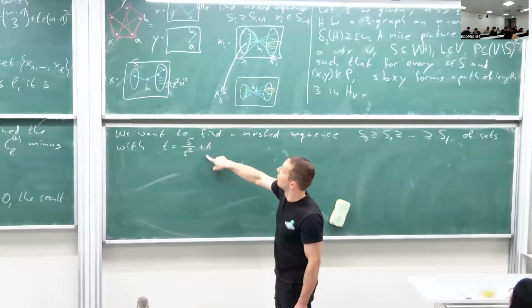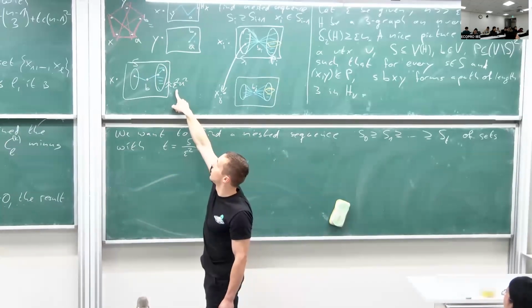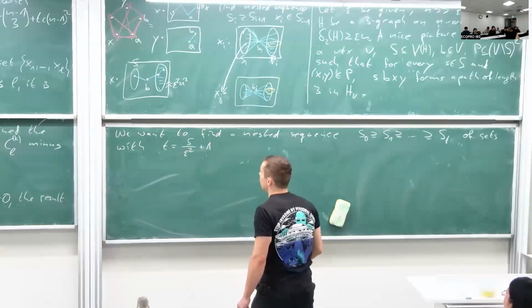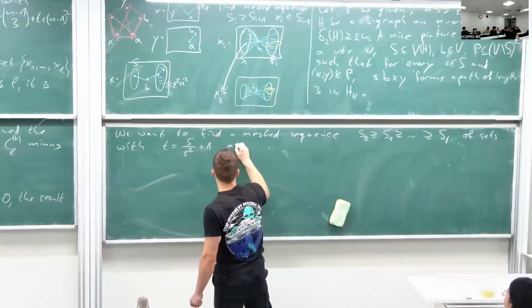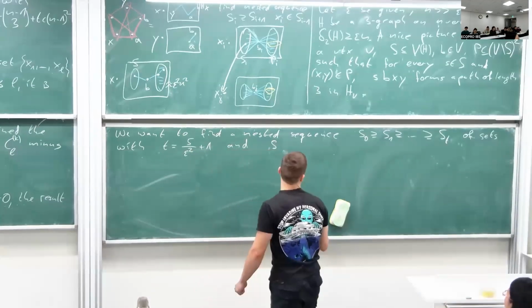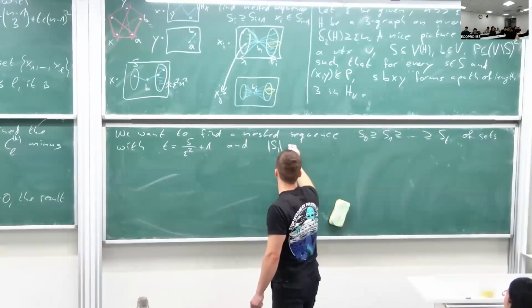So this is the thing so that we can get the pigeonhole here. And each of these sets should also be still reasonably large.